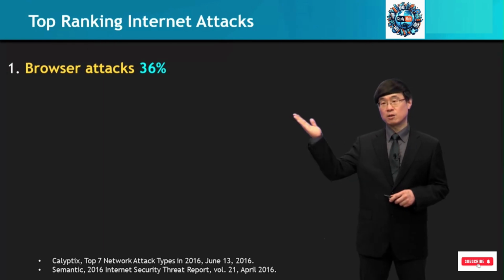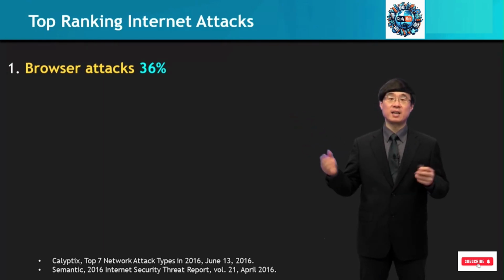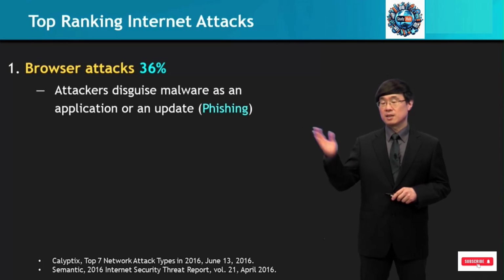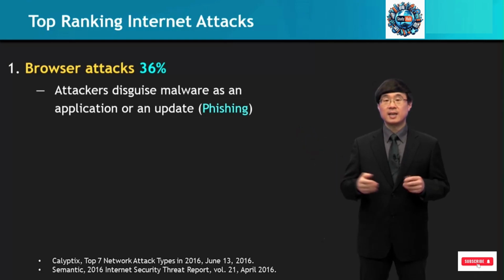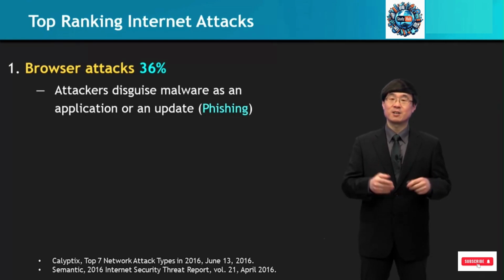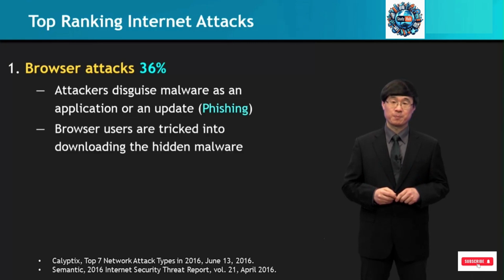We'll start with browser attacks, which is ranked as number 1 and has a dominating 36% of the overall number of different types of attacks. This is where attackers disguise malware as an application or an update, and a technique called phishing is used. I have a separate lecture on phishing in this course, and so I'll explain the details at that time.